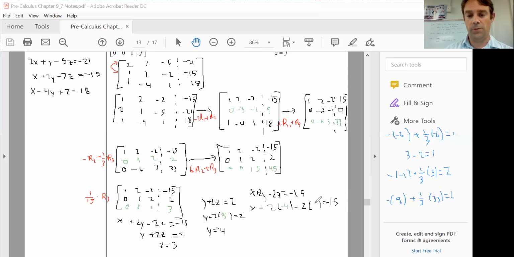So we plug in our numbers here, and lo and behold, we end up getting that x equals -1. So -1, -4, 3.